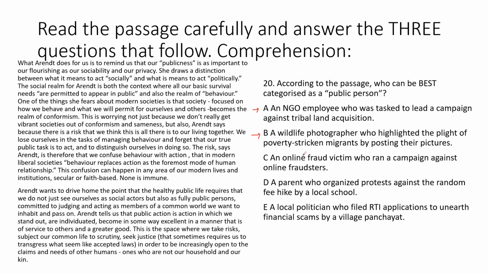If you understand, he's running a campaign against online fraudsters. He's a victim, so he's more concerned about himself, not a lot about society. Since he was a victim, that's why he's doing so. Option D, a parent who organized a protest against a random fee hike by a local school. The same is happening. The parent is a victim, and consequently he's running this protest.